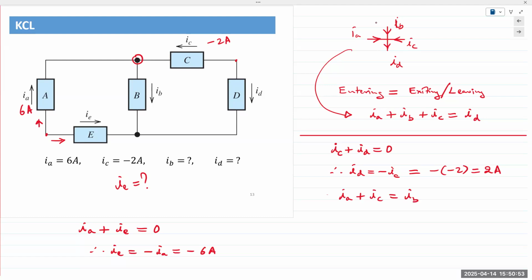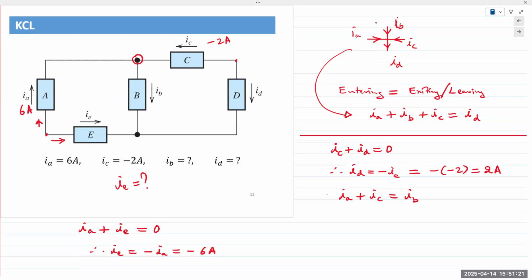The reason I'm taking it step by step is just because when we get to the other analysis techniques, we'll need to apply KCL at many multiple nodes. So you always want to develop the habit of writing out the variables first and then entering the values. Otherwise, you're going to end up making errors in your analysis. So I have 2 currents entering, IA and IC, and 1 current leaving, IB.